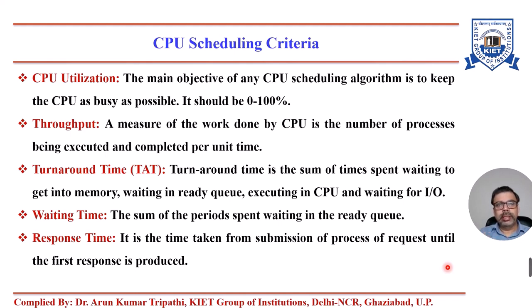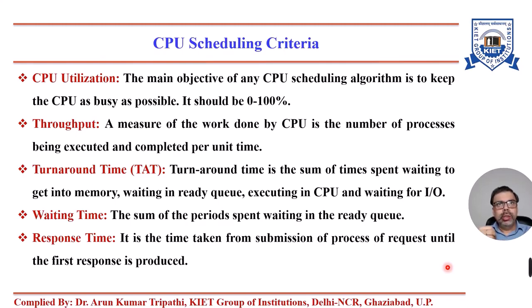To overcome such problems, we are using some criteria. Different algorithms are made based on these criteria. So first is the CPU utilization. CPU utilization should be maximum because a processor or a machine should not sit idle when it is turned on.